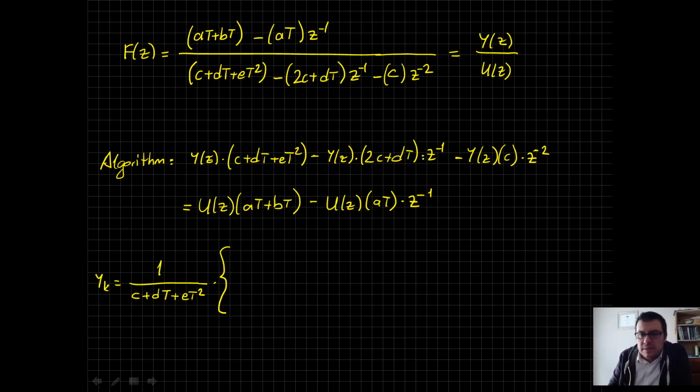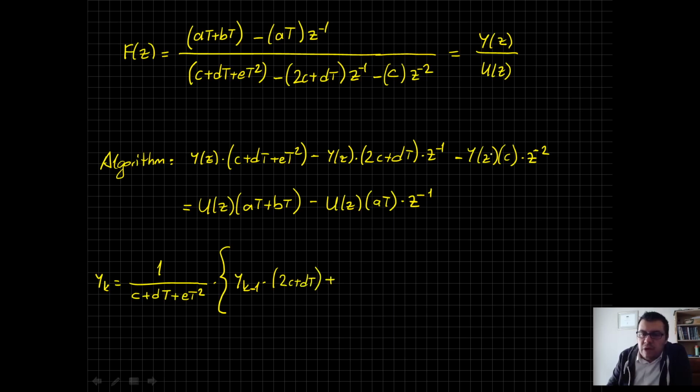Y of z times z^-1 is y_(k-1) times 2c plus dt, right?